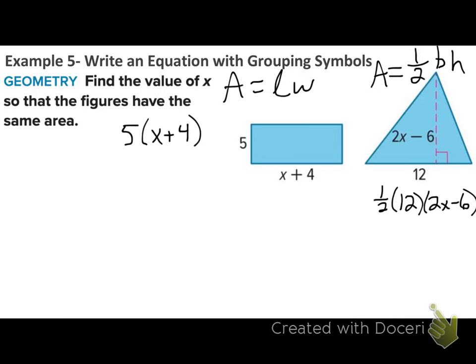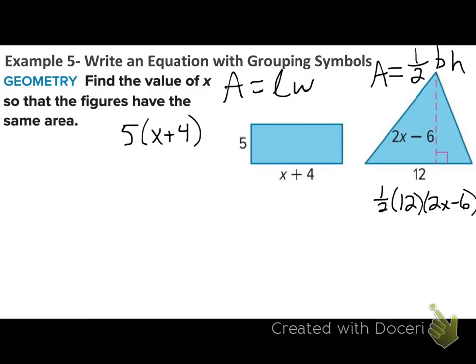So let's think about what it's wanting here. It says find the value of x so that the figures have the same area. So here's the area of my rectangle. Here's the area of my triangle. If I want them to be the same, what am I going to do with these two expressions? What mathematical symbol do we use to make things the same? Equals, right?